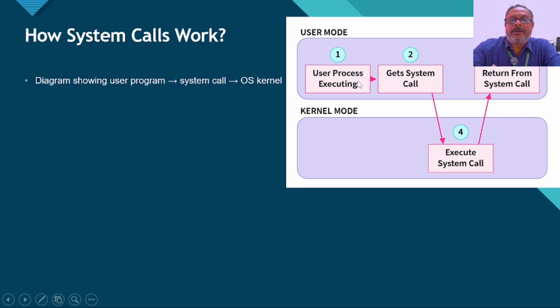So the user might have asked a question. The question's answer may be available with the resources, but the resources are not accessible to the user. Therefore, the user asks the question through the system call. The system call carries the question down to the resources, which work in the kernel mode. Only in the kernel mode are resources accessible.